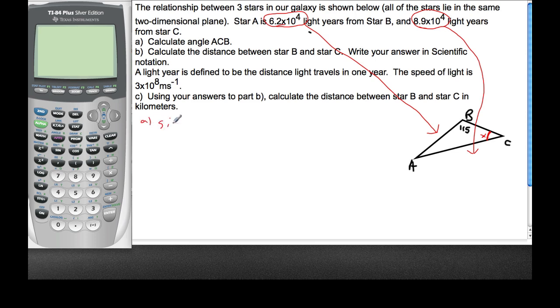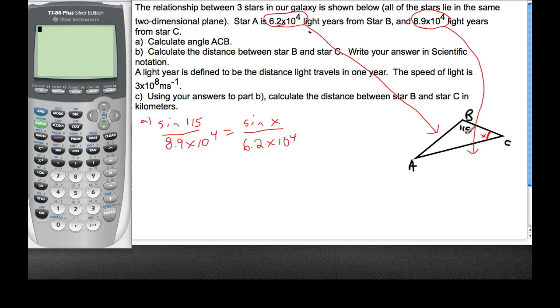So sine of 115 over this side here, 8.9 times 10 to the 4, is equal to what we don't know, over 6.2 times 10 to the 4.